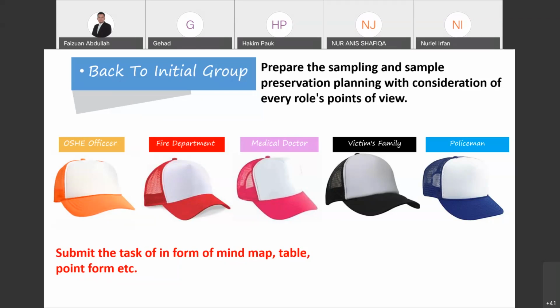The planning will be made in your initial group that has every role. In the similar roles discussion, only discuss your point of view as a medical doctor, fire department officer, OSH officer, victim family, or policeman, and so on. What is the point of view to answer all the 5 questions, and then come back to your initial group and do the planning.